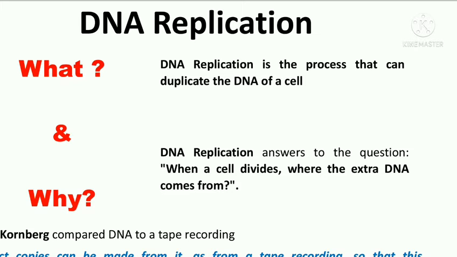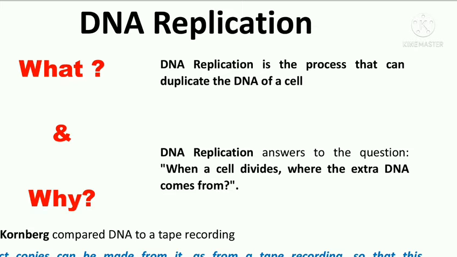DNA replication answers the question: when a cell divides, it needs extra DNA so that the extra DNA can be equally distributed in the daughter cells. Where does this extra DNA come from?